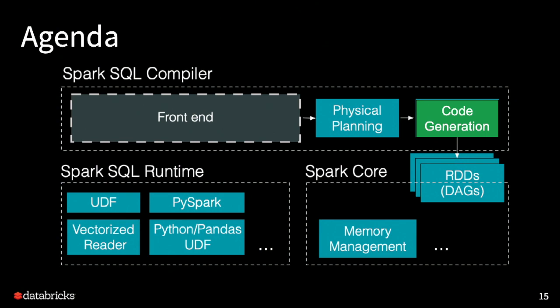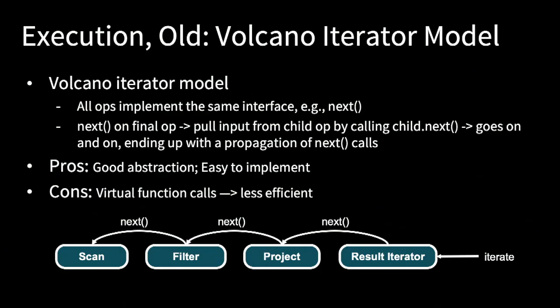Then let's talk about code generation. To start, let's first look at the execution model of Spark's physical plan. The Volcano Iterator model, also employed by the Spark SQL engine, is the classical evaluation strategy of analytical RDBMS queries.